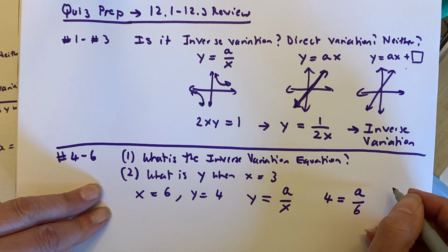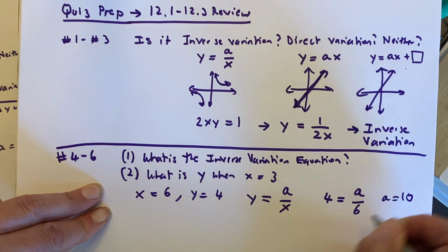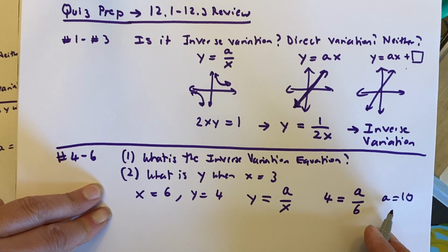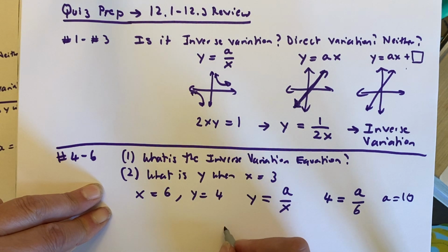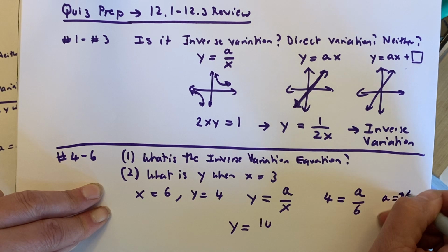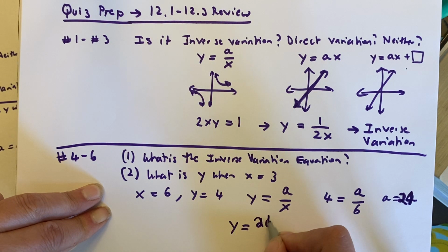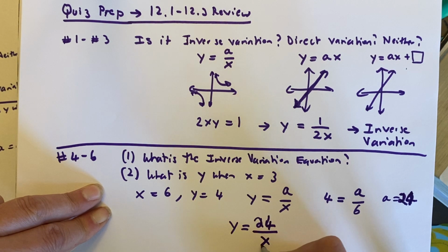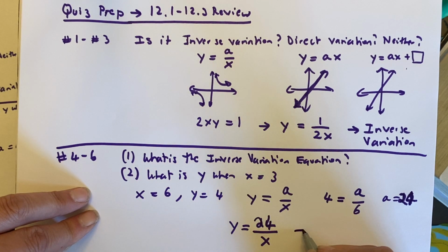My dryer is always going when I'm doing these lessons, apparently, and I get a value of a equals 10. Sorry, not 10, 24. I'm multiplying, not adding. Don't know why I did that, except that I was distracted by the dryer. So once I have my a value, I can go back and answer the first question. What's the inverse variation equation? It is y equals 24 divided by x.